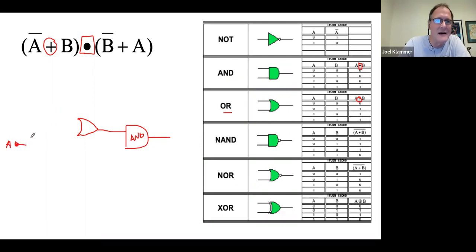Here's A. I need to go not A into the first OR gate. Remember, the NOT gate looks like this. And then I need to do OR B, and that simply goes in like that.